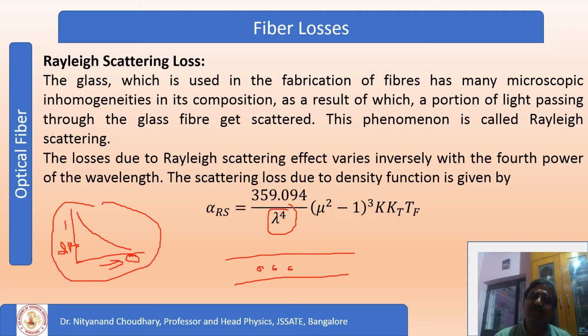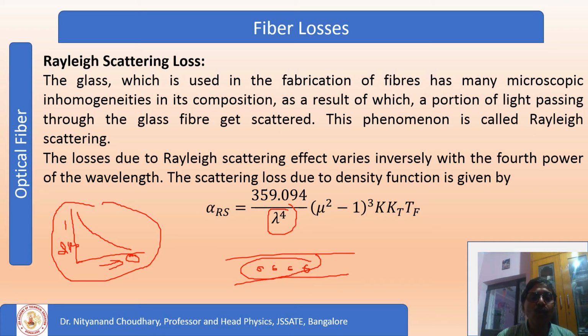Even if we don't have doping, because of temperature differences or different regions, the homogeneity of this core is not going to be maintained. And if the homogeneity is not maintained, then we will have this scattering. This scattering was calculated by Rayleigh, and it is called Rayleigh scattering.